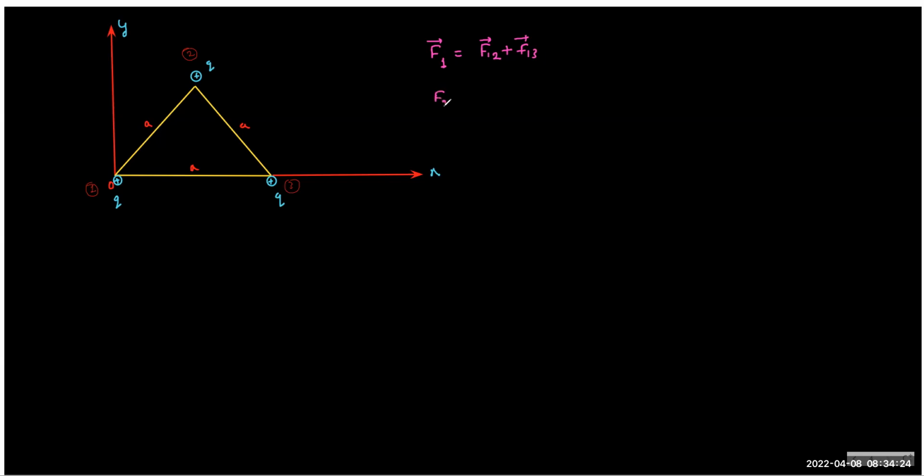Similarly, force on 2 will be applied by 3 and 1, and force on 3 will be applied by 1 and 2, right? So you can solve any of them. We know the way of writing the formula in vector notation, so you need to first write the coordinates. The coordinate of the first particle will be 0, 0. So you can write r1 equals 0 i cap plus 0 j cap. Just put it in writing. So what is r2 then?